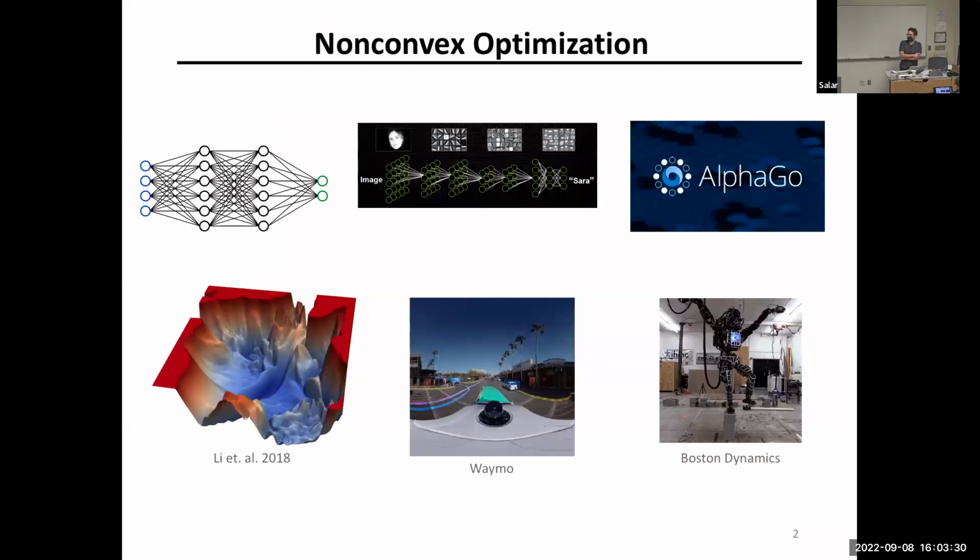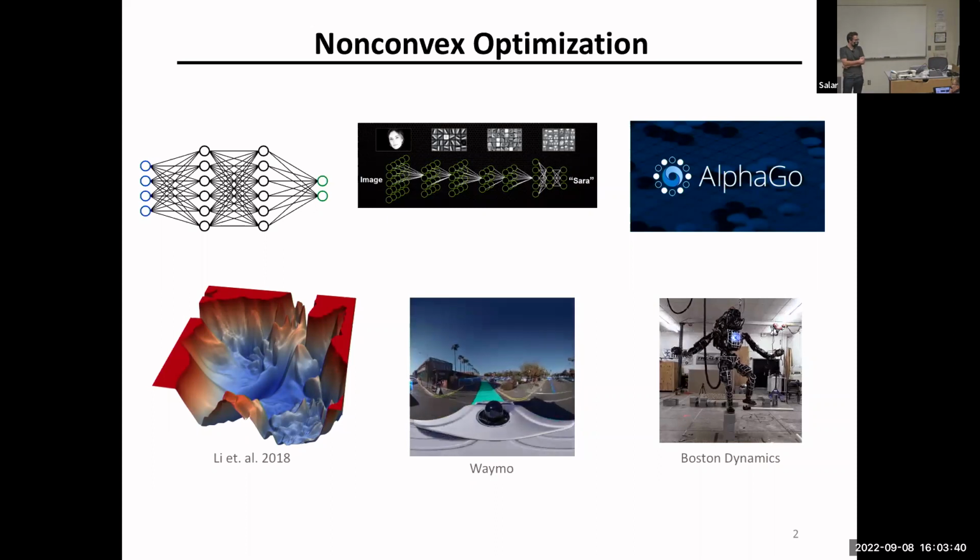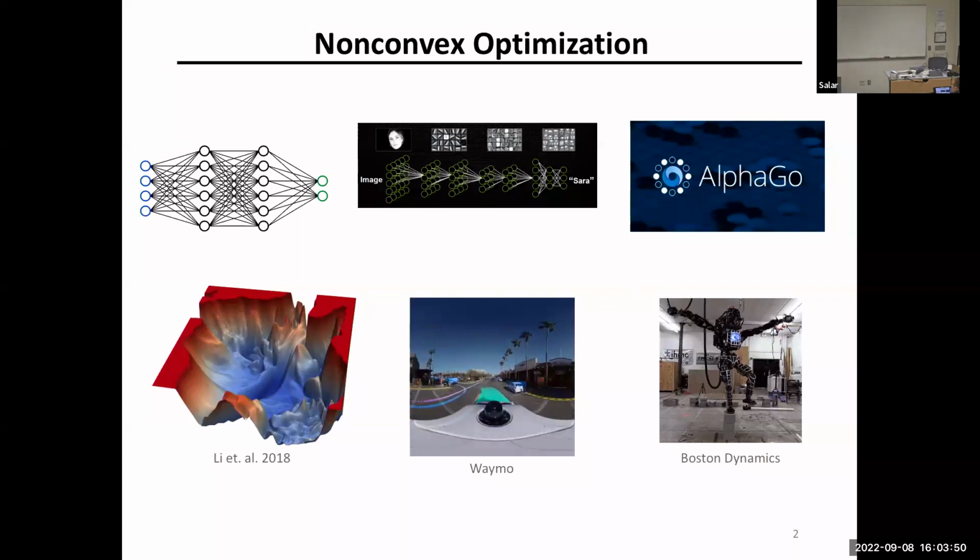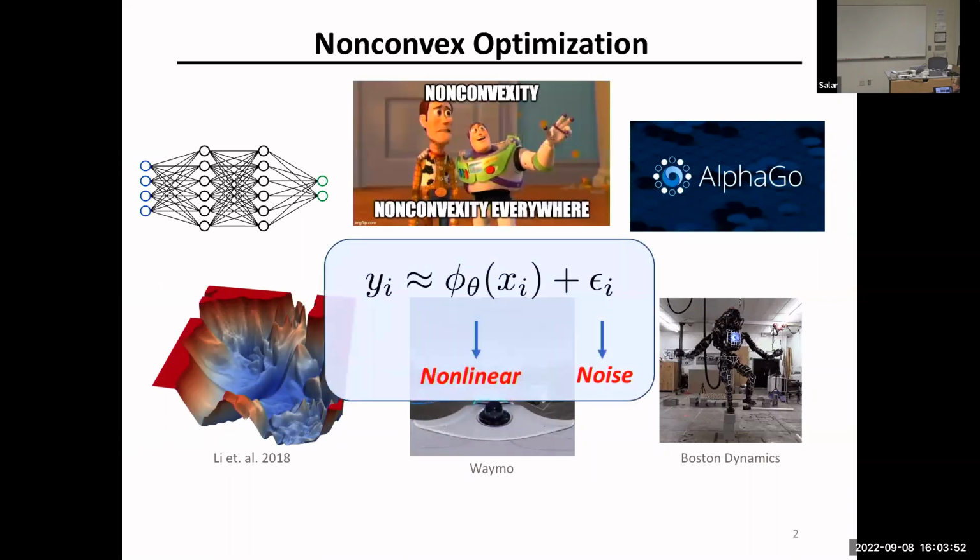As you all know, a lot of learning tasks in today's data science involve solving an optimization problem in almost real time and at larger scale. The problems range from board games, such as AlphaGo, all the way to safety-critical applications, such as autonomous driving. One thing all these problems have in common is the underlying nonconvexity.